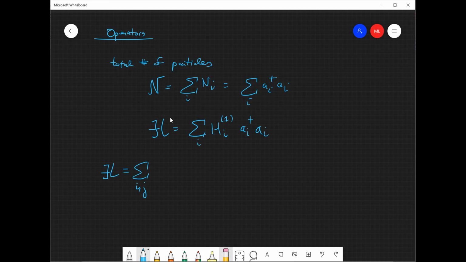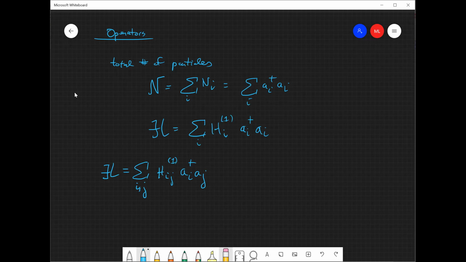So in principle, you could have something like this. This would be a single particle operator, because these a_i's don't necessarily have to correspond to the states that diagonalize the single particle Hamiltonian, for instance, because we know we can choose whatever basis we want. And in that case, in general, you would have an operator like this.